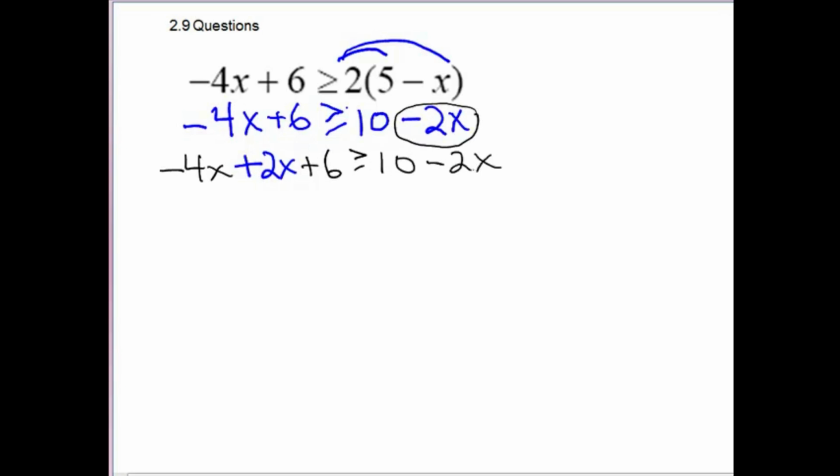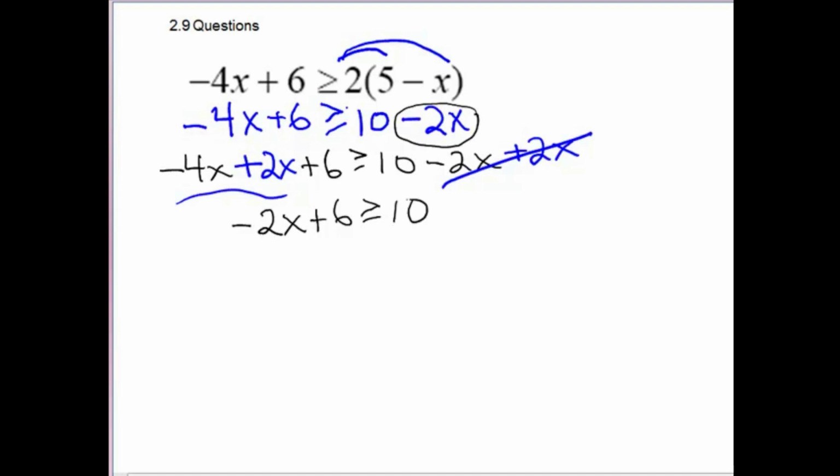So my new step on each side was add the 2x. Right? Clean up on the left-hand side. You have like terms, different signs, subtract, sign of the larger.